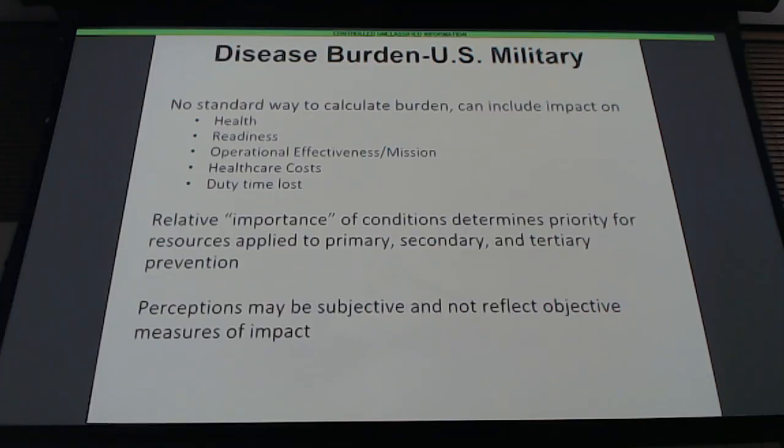So, disease burden for the U.S. military is much more difficult to interpret and understand than it is for the civilian sector. How do we quantify operational effectiveness and mission? Those two statements alone make it a lot more difficult to quantify what burden would be from someone getting sick in the military. Right? We've got a lot of things to look at when we do that.